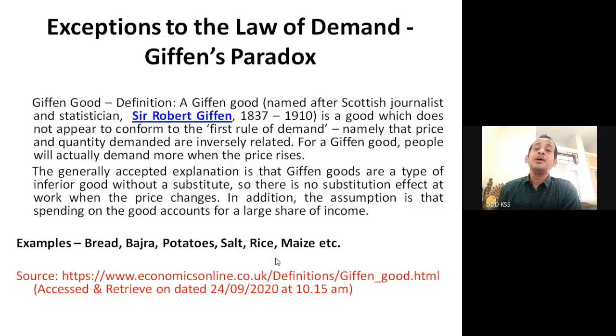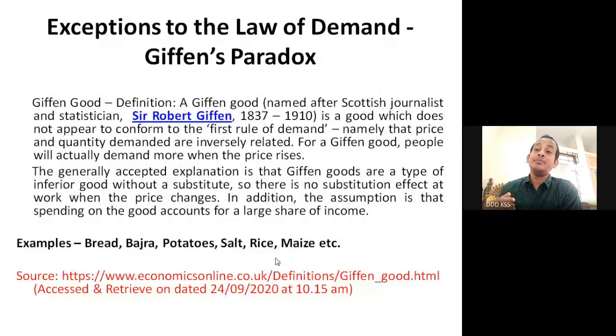A question may come: discuss the exception to the law of demand with example. Examples I have discussed, like in case of salt, it can happen. In case of rice, it can happen. In case of wheat. Here bajra, maize, bread are mentioned, but another example you can include is wheat.